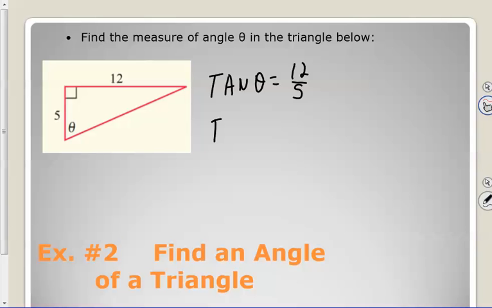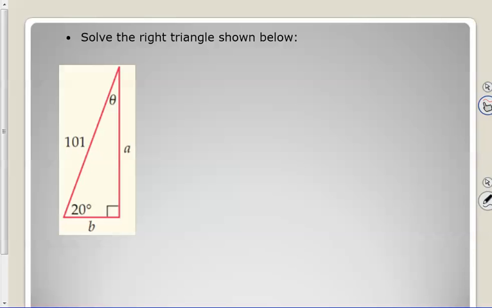So if I take the arctan of 12 over 5, I'm going to get theta, which is approximately 67.4 degrees. That's a cute angle. All right? Easy breezy.